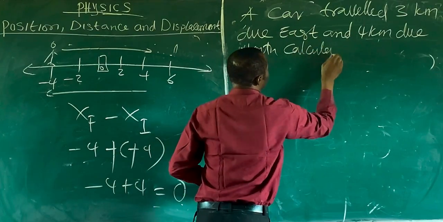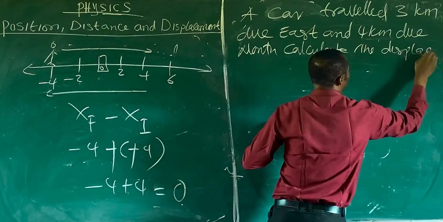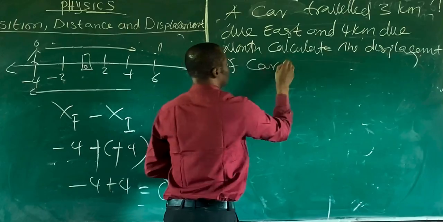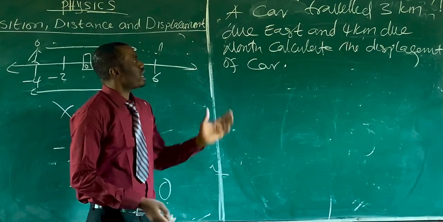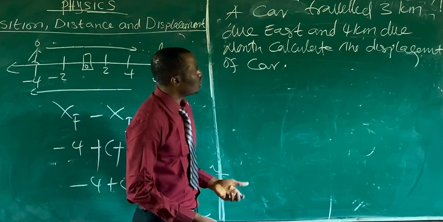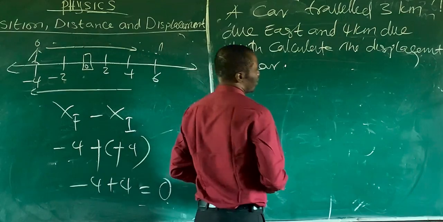Calculate the displacement of the car. Okay, we have this. A car traveled 3 kilometers due east and 4 kilometers due north. Calculate the displacement of the vehicle.